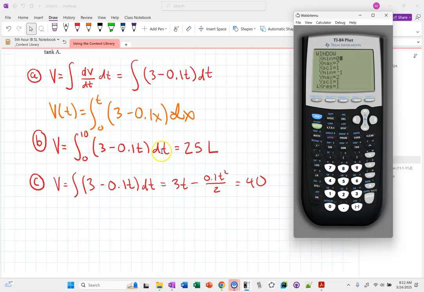I know it's going to be more than 10 seconds because we only get to 25 liters in 10 seconds. So I'm going to make my X max, I don't know, like 30 seconds or something. Should definitely get there by then. And then my Y, I'm fine with that being a negative, but my max needs to be at least 40. I'm going to go up to 50, I guess. But this should do it. The only downside here is this is kind of slow graphing, but we got time.